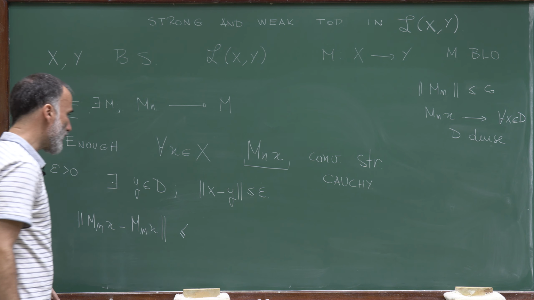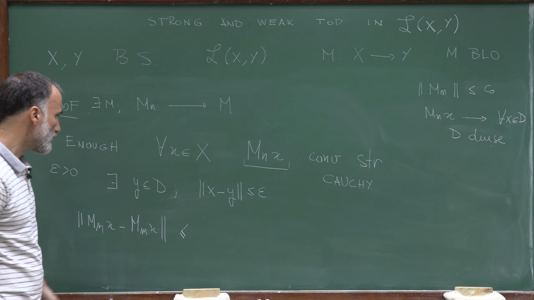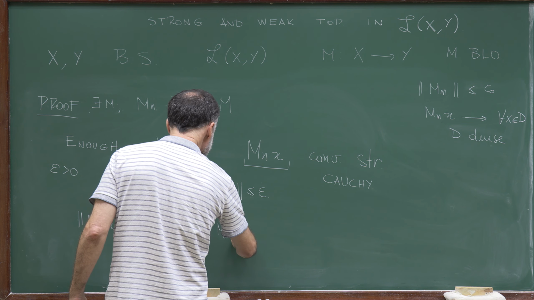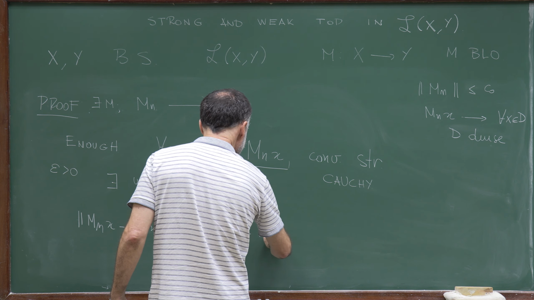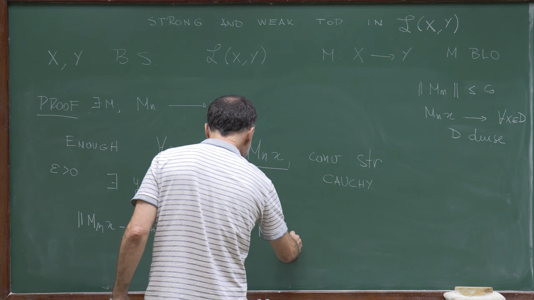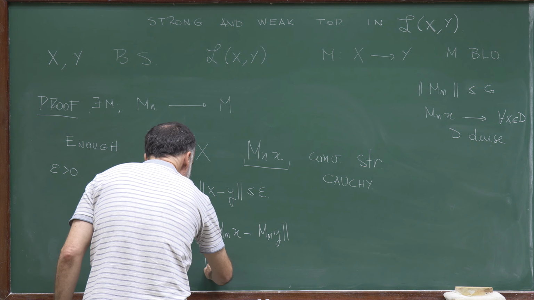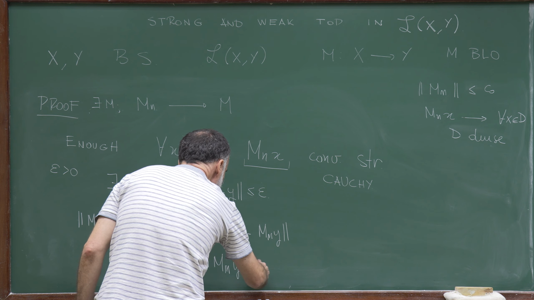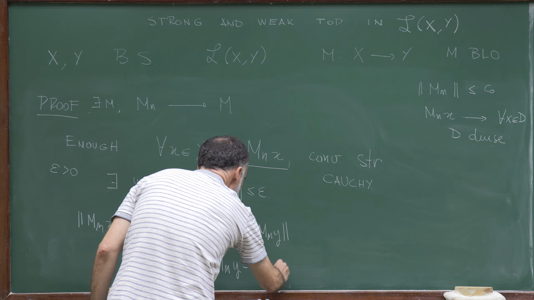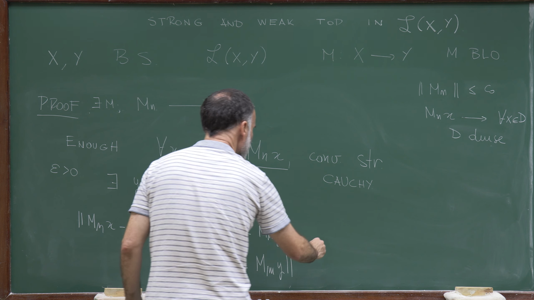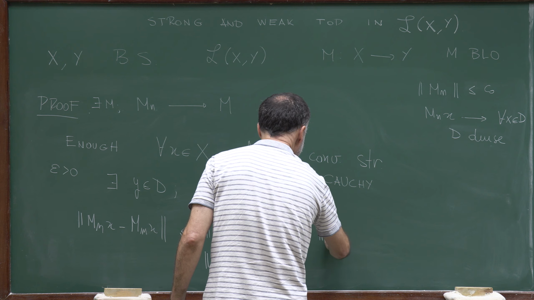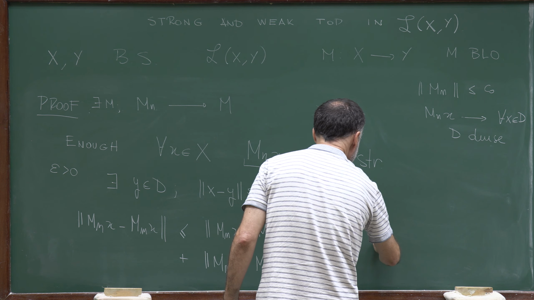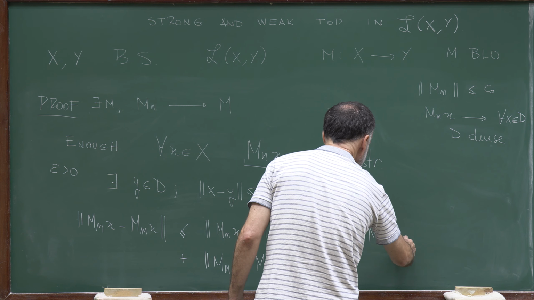We use the triangle inequality to insert y in this term, so this will be bounded by the norm of Mn x minus Mn y, plus Mn y minus Mm y, plus Mm y minus Mm x.